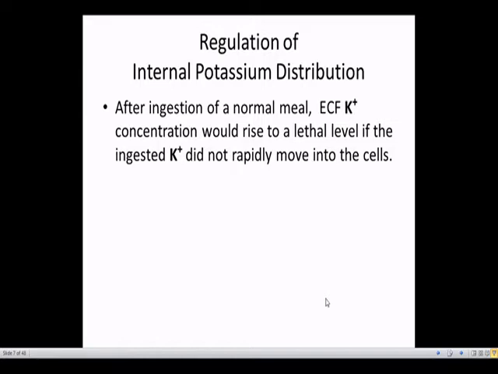Fortunately, most of the ingested potassium does move rapidly into the cells until the kidneys can eliminate the excess.